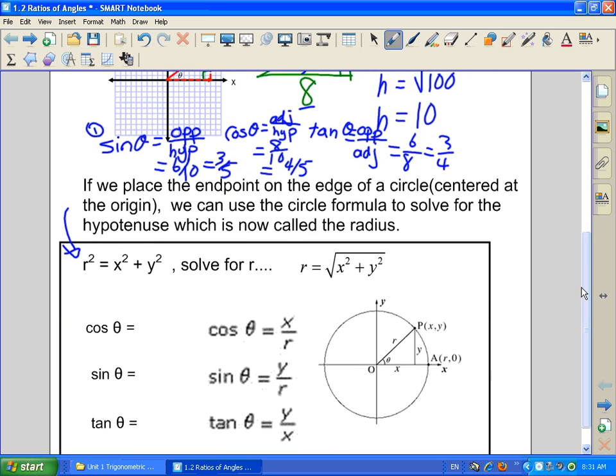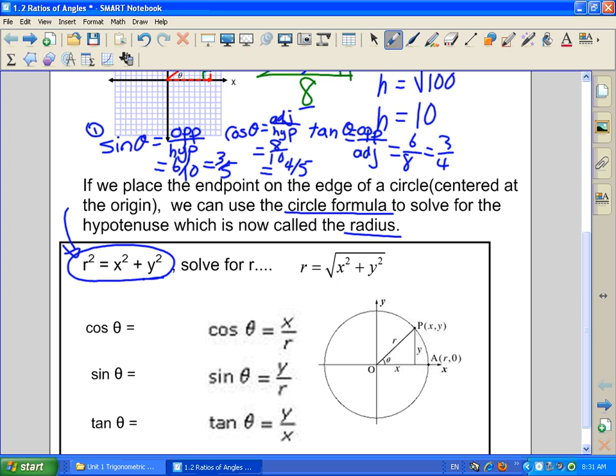All right, now we're going to extend that a little further, and hopefully you can remember your circle equation from last year, or maybe grade 10. So it says, if we place the endpoint on the edge of a circle centered at the origin (0, 0), we can use the circle formula to solve for the hypotenuse, which is now called the radius. So again, this does look like Pythagorean theorem.